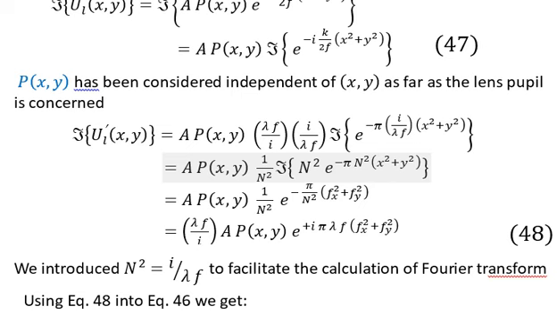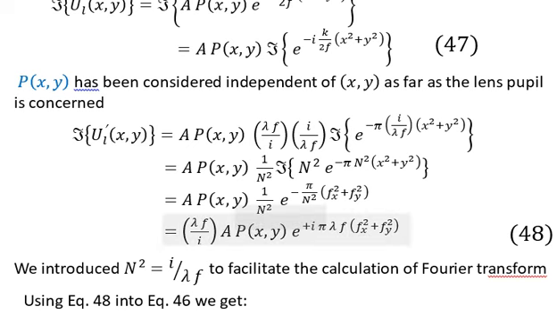So we directly write the Fourier transform of this quantity in the next step, which is e to the power minus pi over n square, and within the parenthesis we have fx square plus fy square. So we immediately wrote down the Fourier transform from the previous expression, and we have 1 over n square, which was already before the curly bracket on which the Fourier operator was operating.